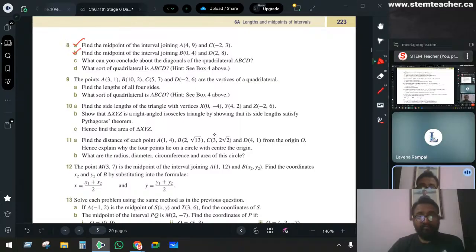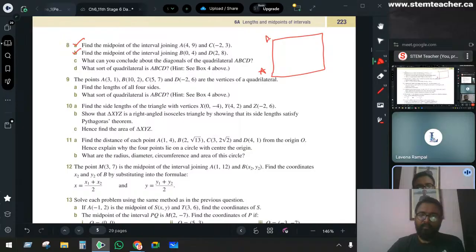He's asking very carefully. So ABCD has been given. I don't know whether it is a square or a rectangle. We don't know. We are just thinking that it looks like a square.